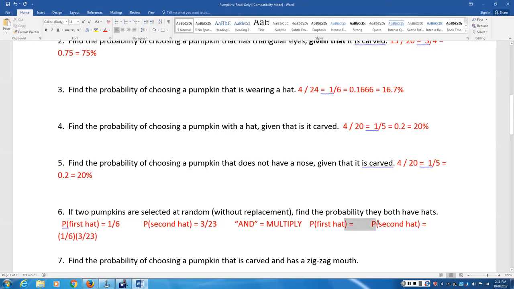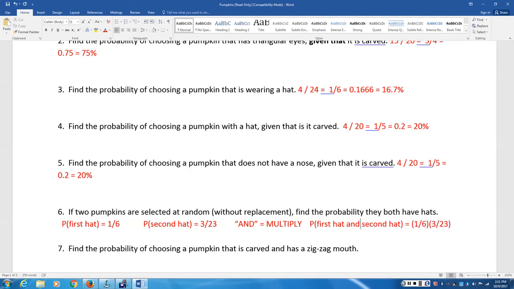And the way you would write this is the probability that you get the first one with a hat and the probability you get the second one with a hat together.